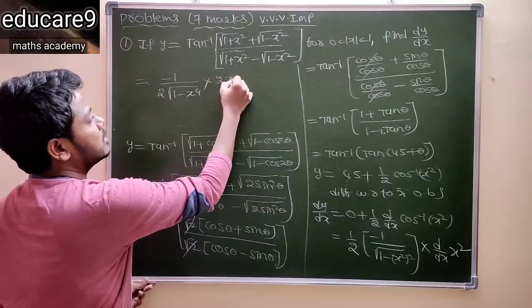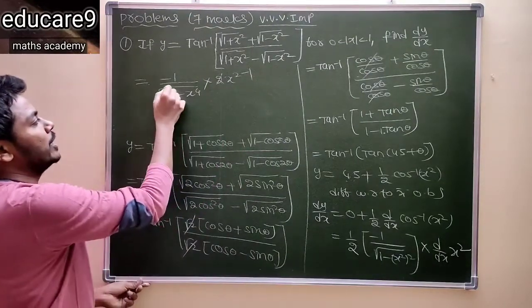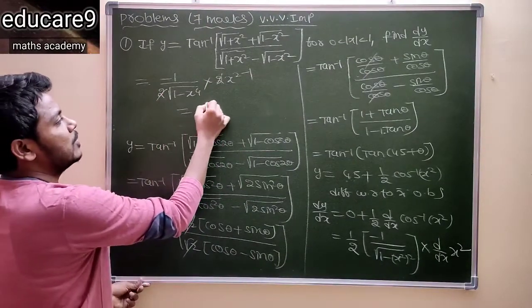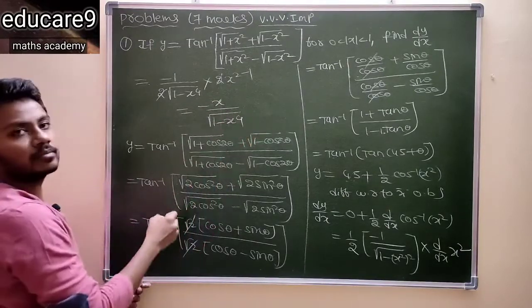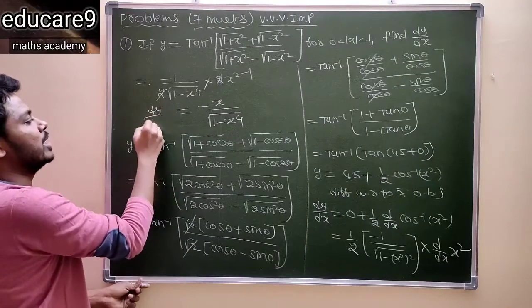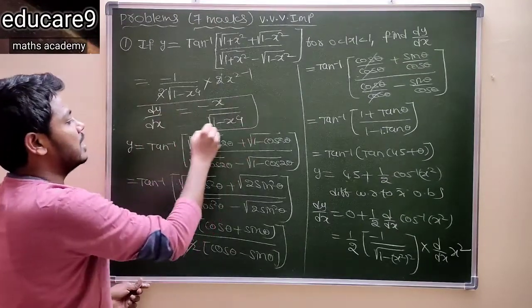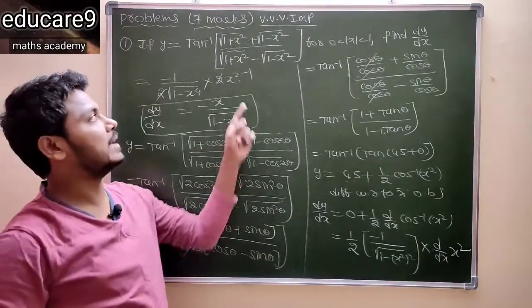The 2 gets cancelled. So dy by dx is minus x by square root of 1 minus x power 4. This is the derivative of the given function.